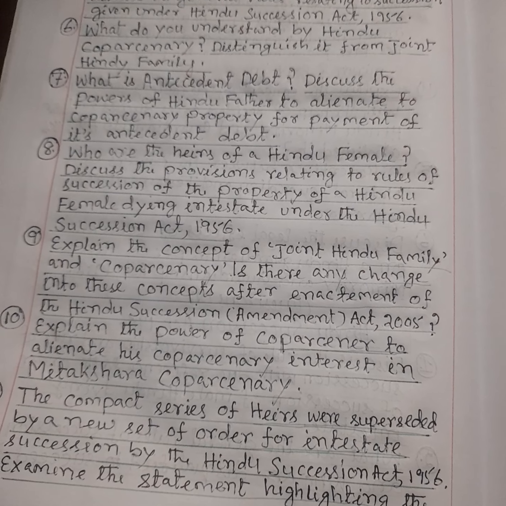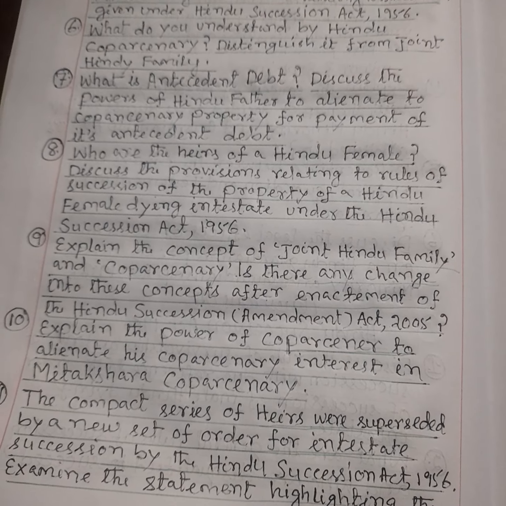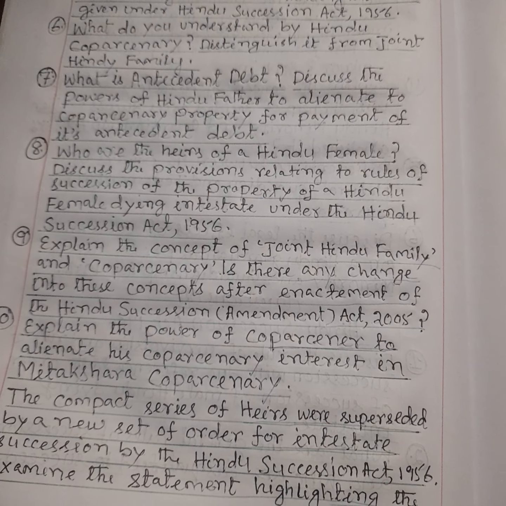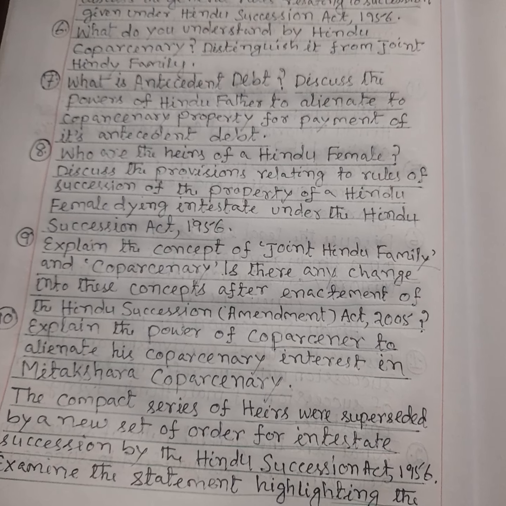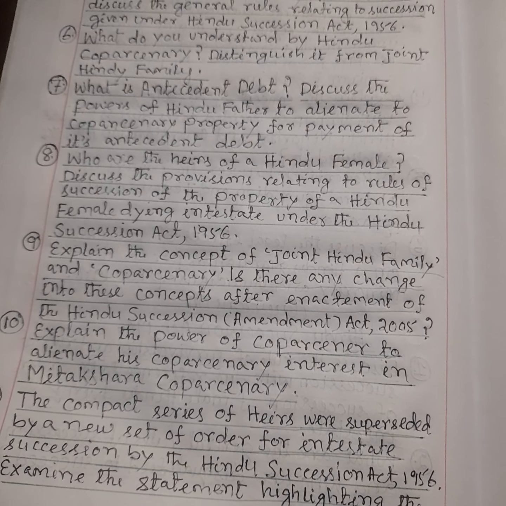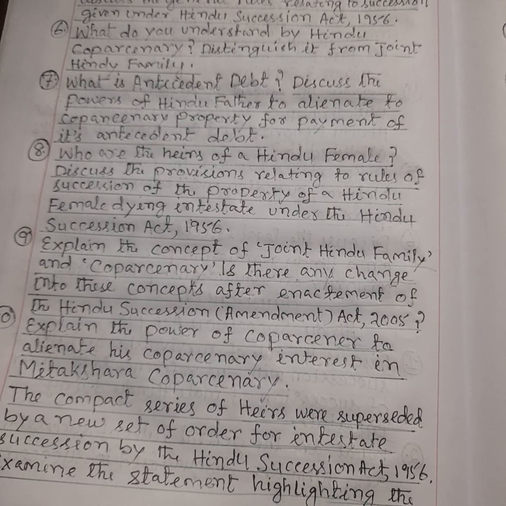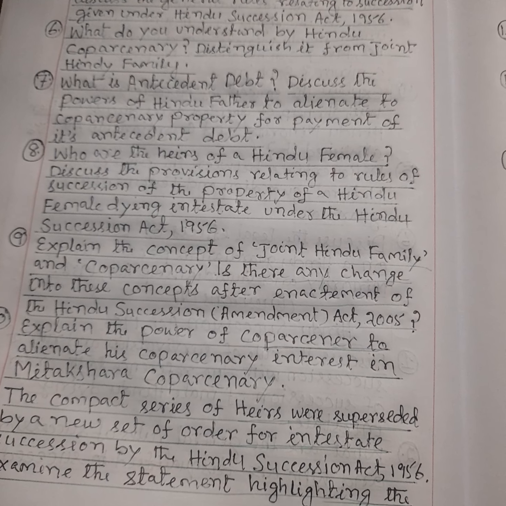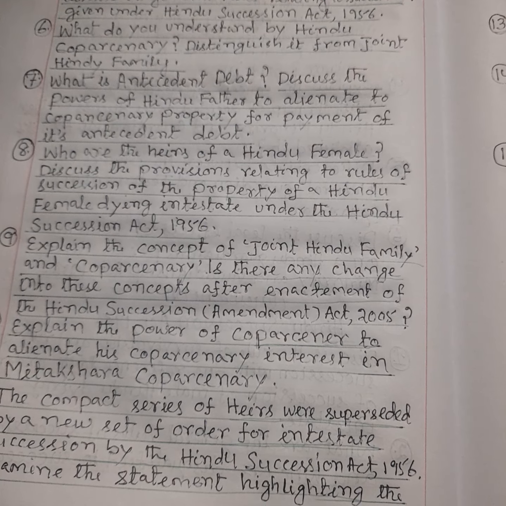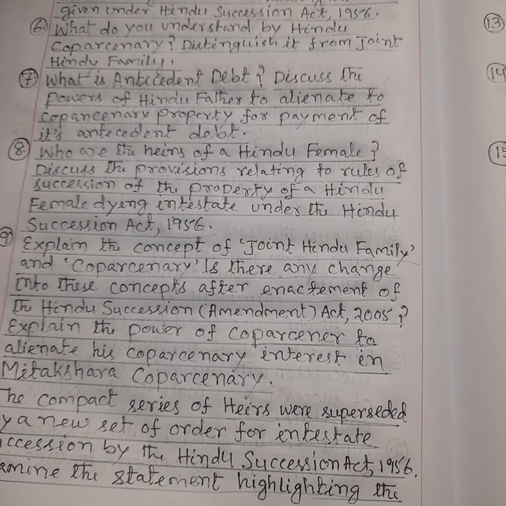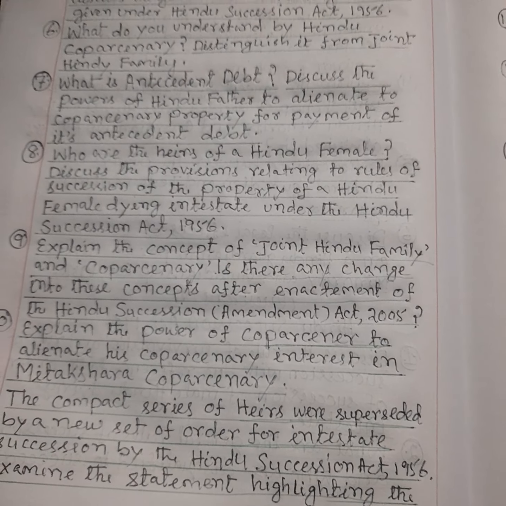And regarding daughter, here means all married or unmarried natural daughters, adopted daughter, and posthumous daughter. But it excludes adoptive mother, and a stepmother is not entitled.